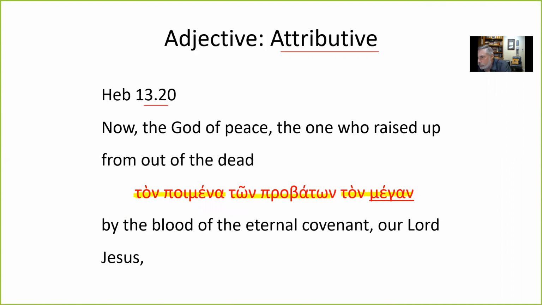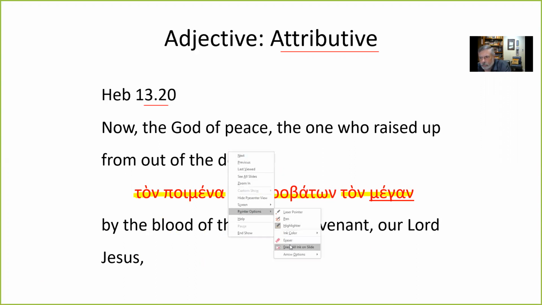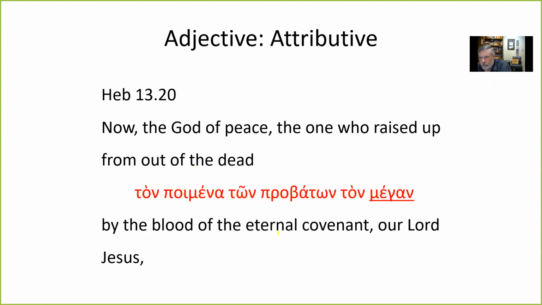That vocation, that work, was looked down upon. And so by putting the great here, he's bringing it back to when it was referred to or known as great. The megon exemplifies the shepherd who laid down his life for the sheep by the blood of the eternal covenant, our Lord Jesus. So hopefully that gives you a little better feeling of what that is all about.